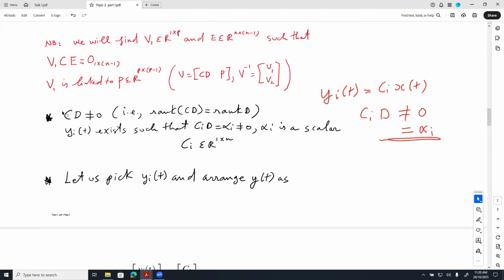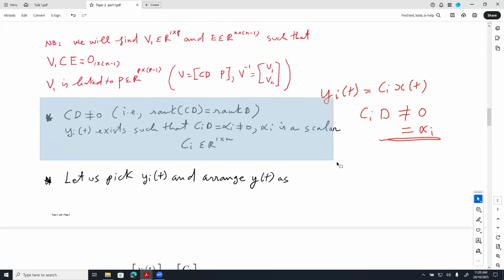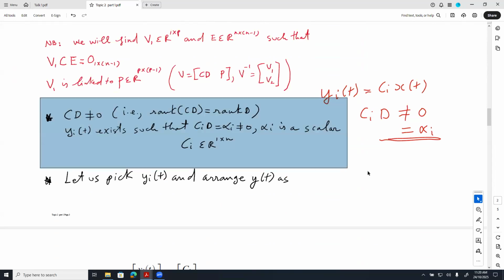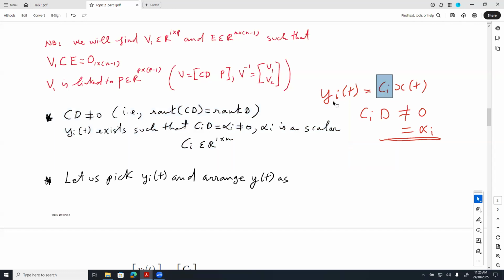So, according to the assumption of the observer matching condition, we can confidently say that there would exist at least one output measurement where the row output metric here corresponds to this output measurement.